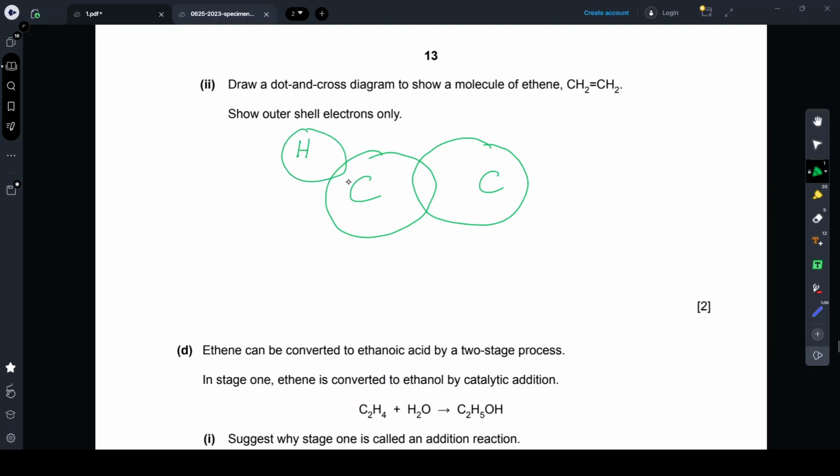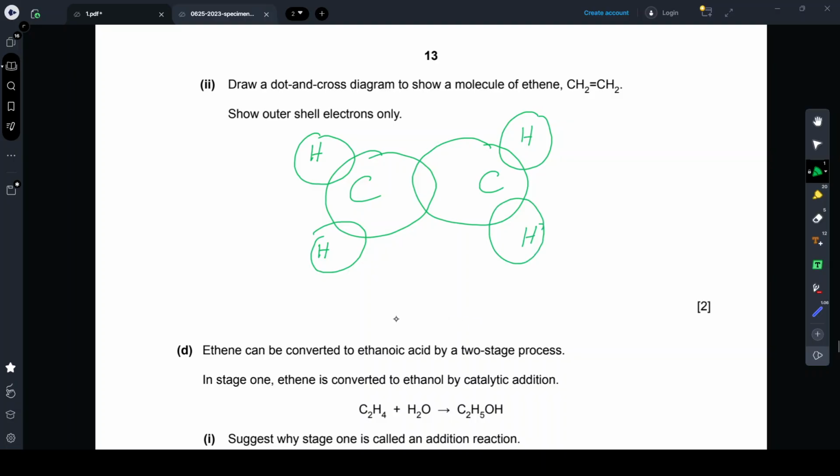That's too big, a bit closer. Better, okay. And similarly over here, so far so good.